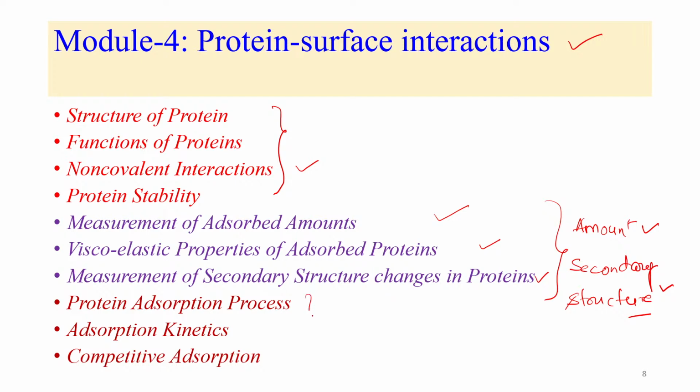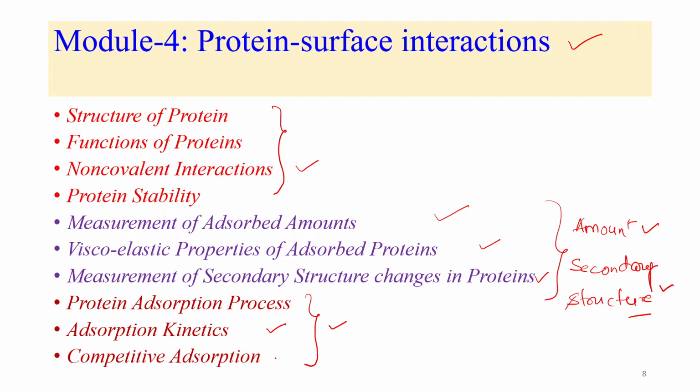Then, if I want to tune or engineer this protein-surface interaction, I need to know the kinetic parameters. So I discussed how we can model protein adsorption kinetics, and based on that we should be able to estimate the kinetic parameters.